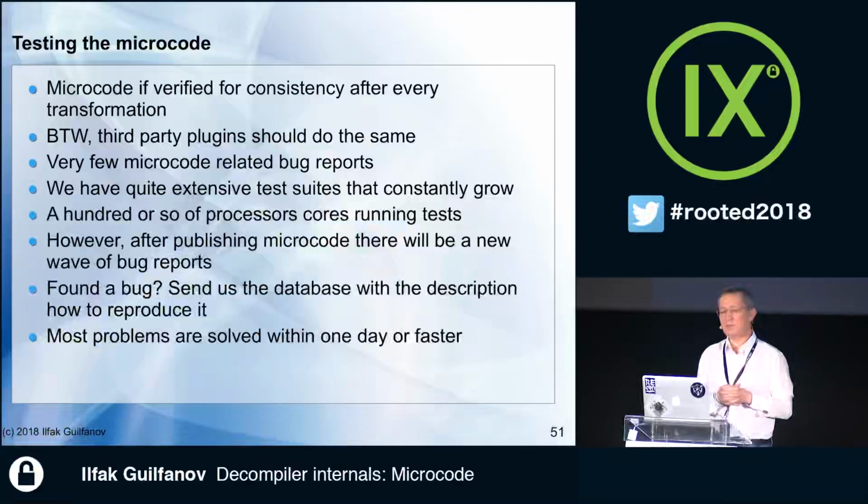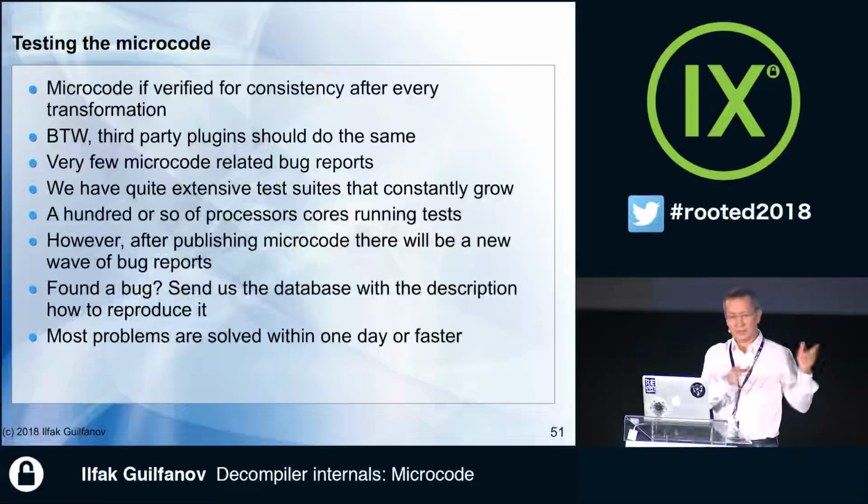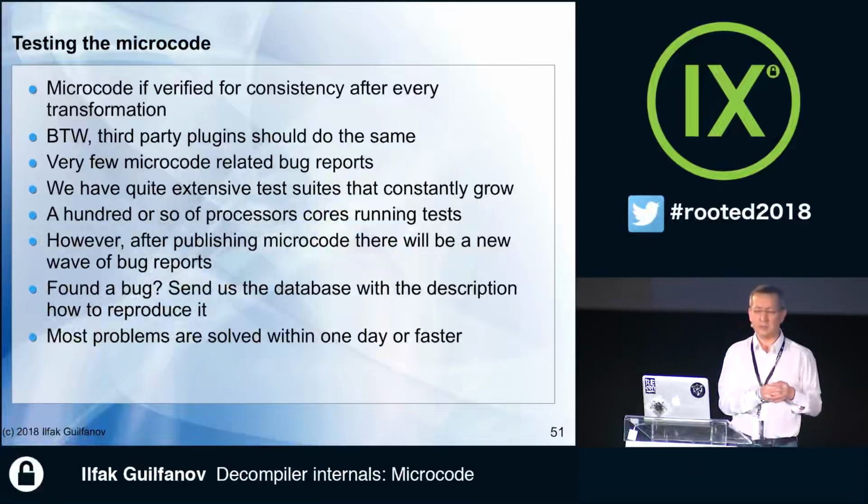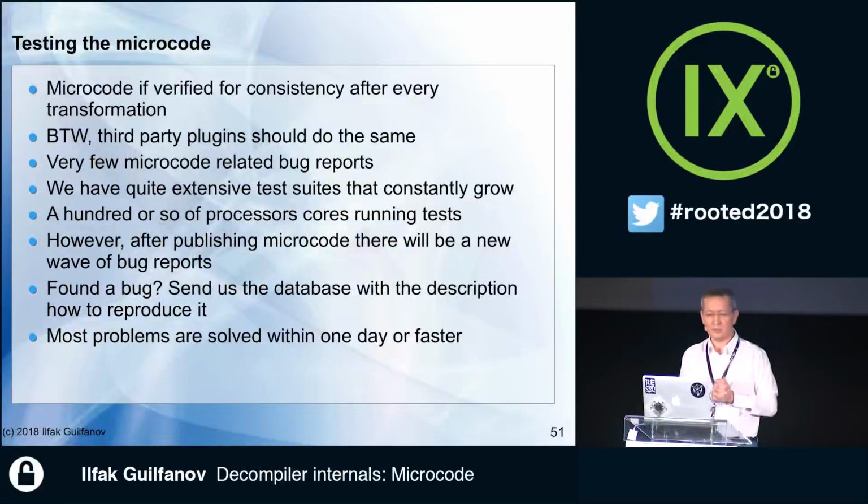We have a very extensive test suite, and some of our tests run literally for weeks. I think we have a cluster of servers that continuously decompiles things, compares, and verifies that the results are good. Therefore, our decompiler is very robust, including the microcode.